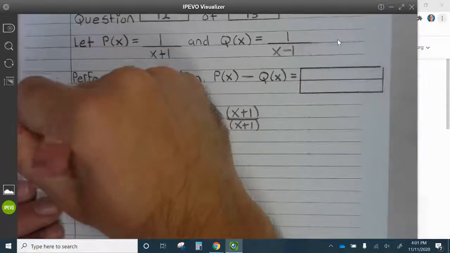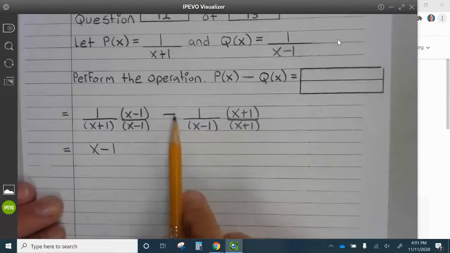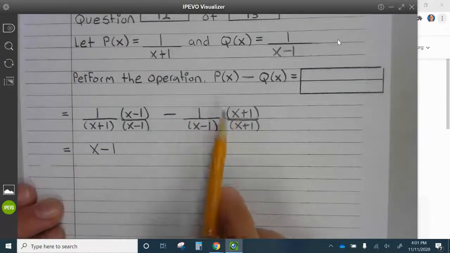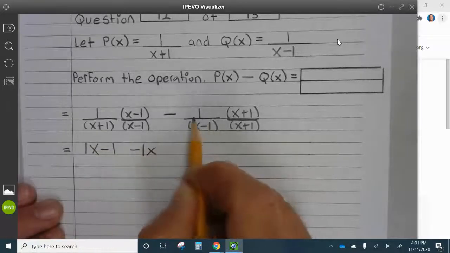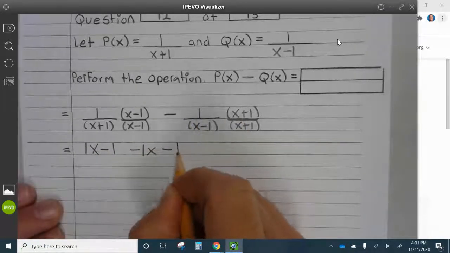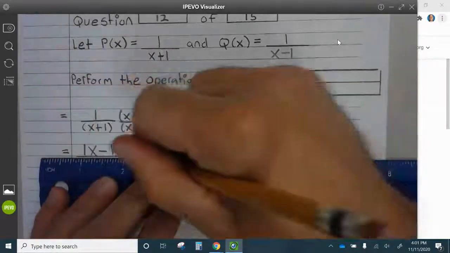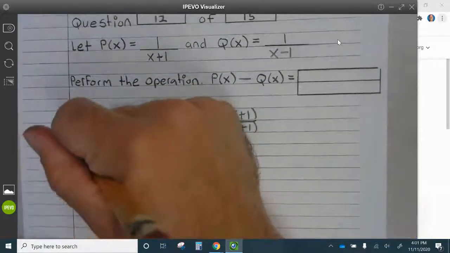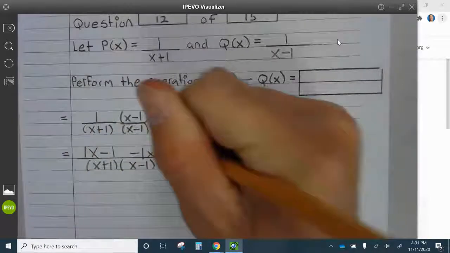So that just is x minus 1. But now here we need to multiply negative 1 times each of these terms. So negative 1 times x is negative 1x, and negative 1 times 1 is negative 1. And that's all divided by x plus 1 times x minus 1.